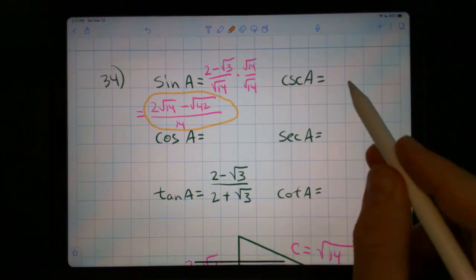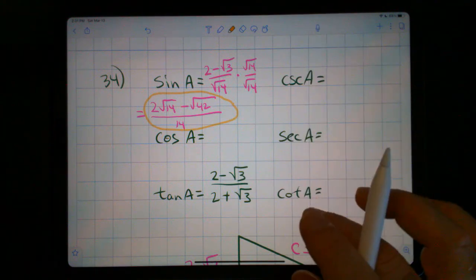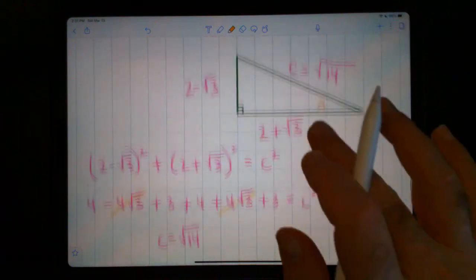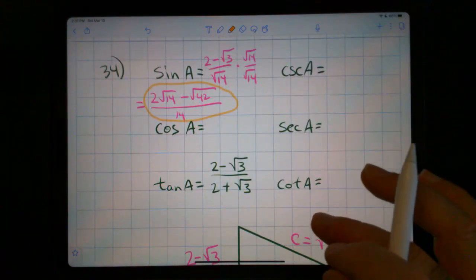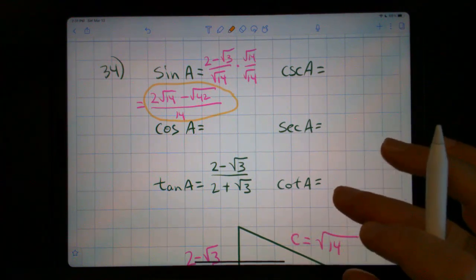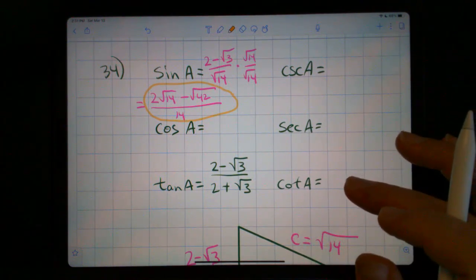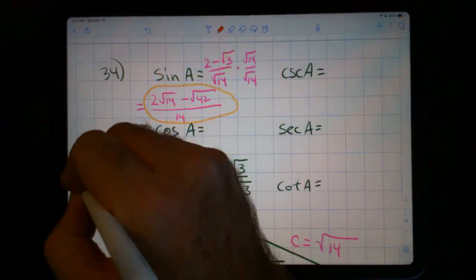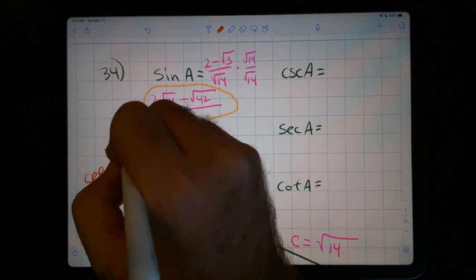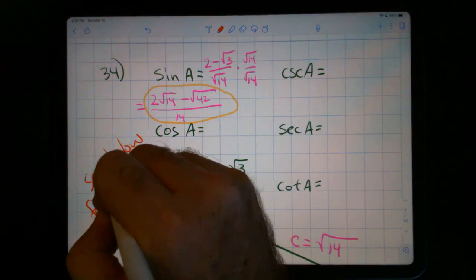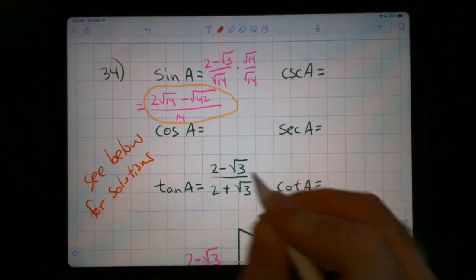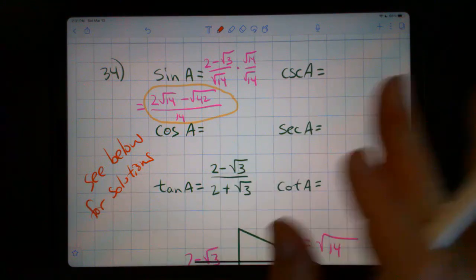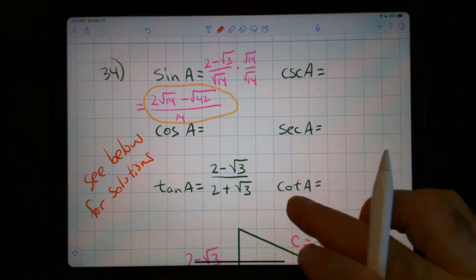Okay. Cosecant of A is going to be the inverse. This is getting to be a complicated problem. I want to expand my work. I don't want to confuse anybody, so I'm going to pull all of this down some.